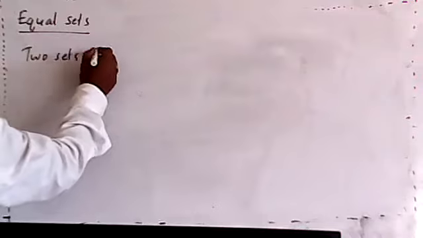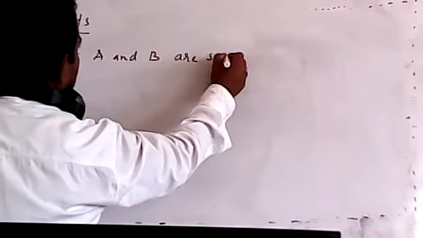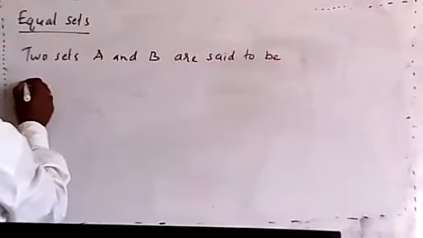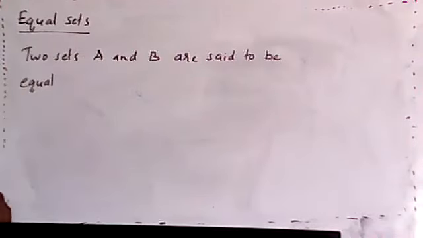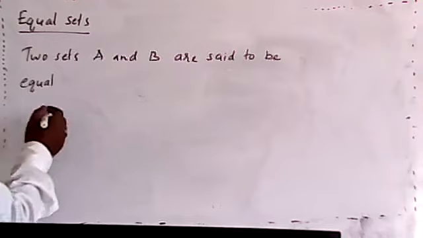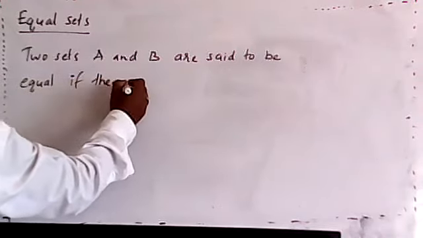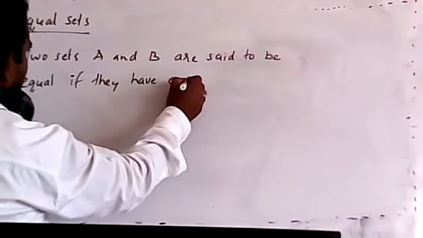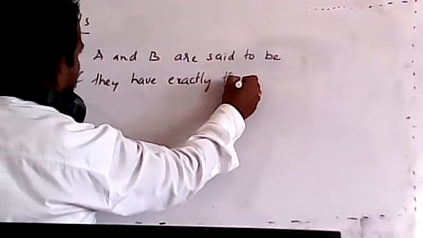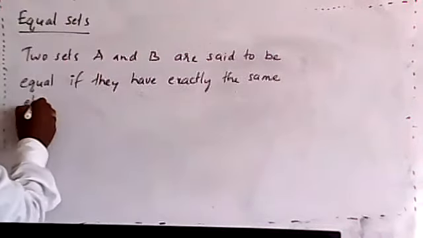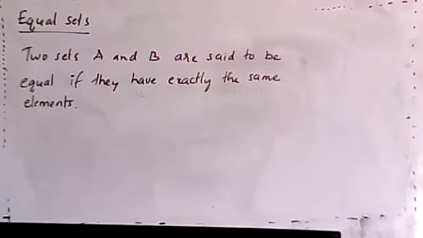If you take any two sets, say two sets A and B are said to be equal when they have the same number of elements with the same values, if they have exactly the same elements, with the value also.